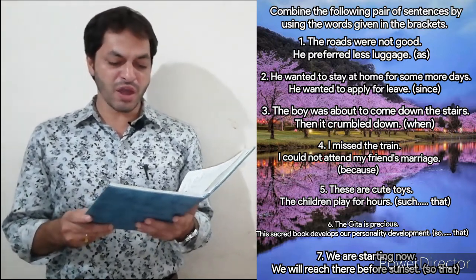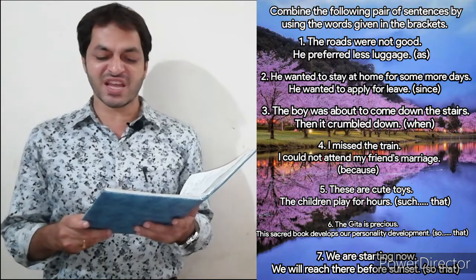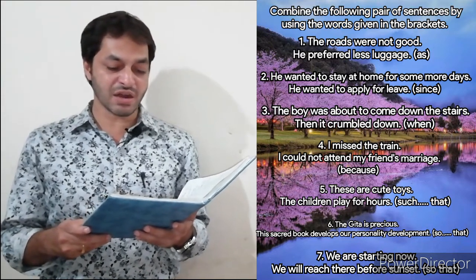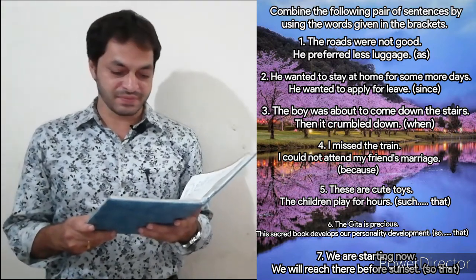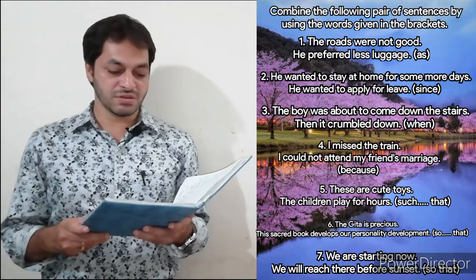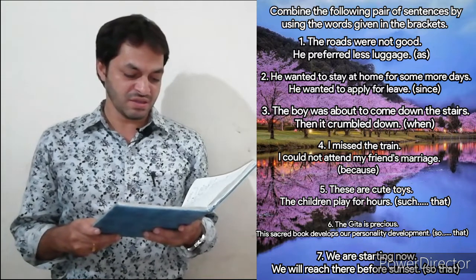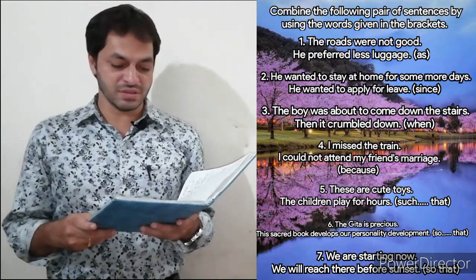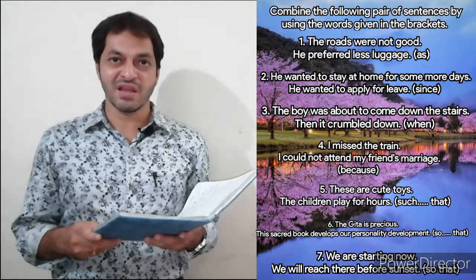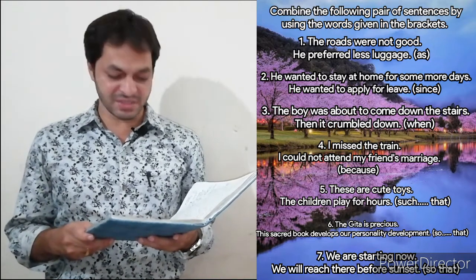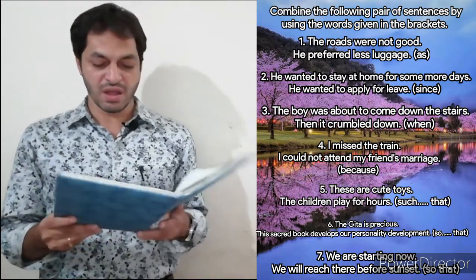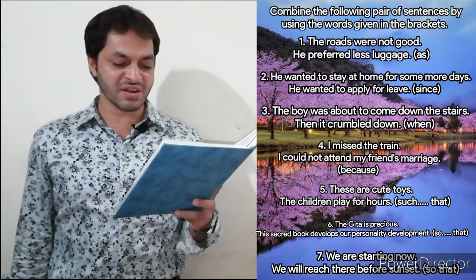Third one, the boy was about to come down the stairs, then it crumbled down. When? Answer. When the boy was about to come down the stairs, it crumbled down. This is adverbial clause of time. Fourth one, I missed the train.